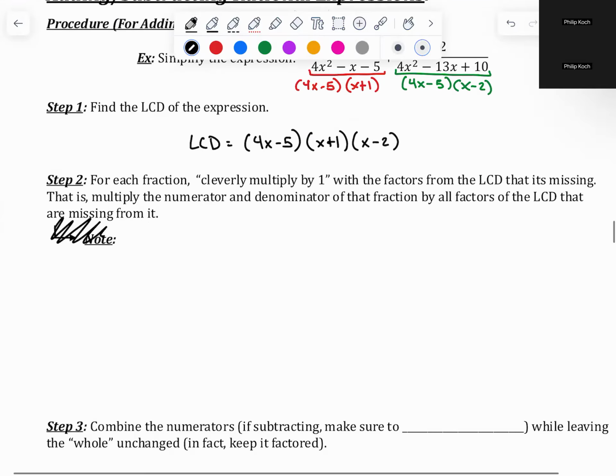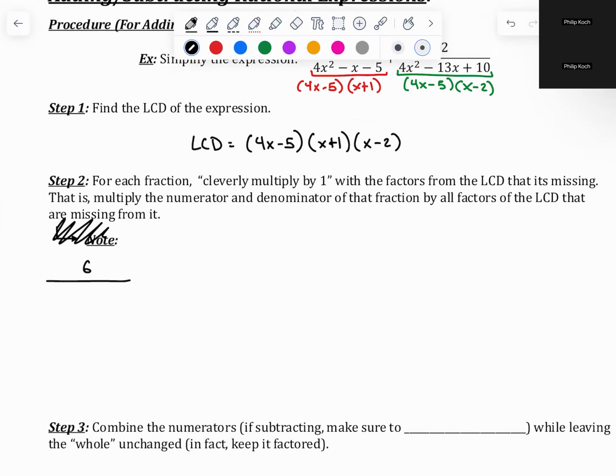So with the 6 over (4x minus 5)(x plus 1), what is it missing from the LCD? Yes, Ben's right. There's only an x minus 2 that's missing. So we'll multiply this by (x minus 2) over (x minus 2).